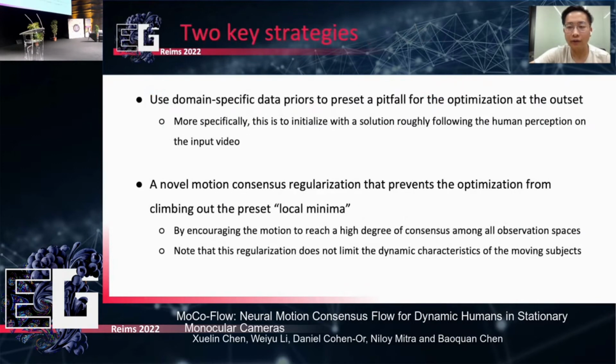The key feature of our approach in solving the above problem is to harness the challenging optimization, which includes using domain-specific data priors to preset a pitfall for the optimization at the beginning, and an easy-to-implement novel motion consensus regularization that prevents the optimization from climbing out of the preset local minima.